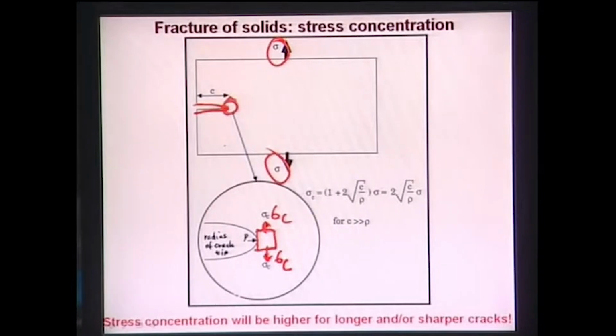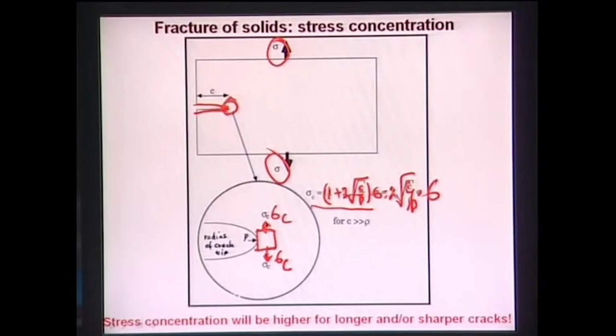Then how much larger can it be, and how can it be mathematically described? The sigma c would be 1 plus 2 square root c by rho, into sigma. What it means is that it can be approximated as 2 square root c by rho multiplied by sigma.